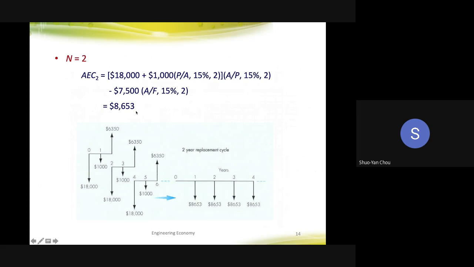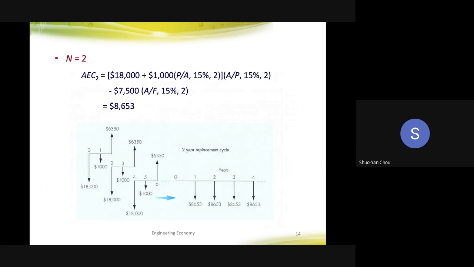We found out that the annual equivalent cost is lower, because the reduction of the sharing of the capital cost is higher than the increase of the operating cost.